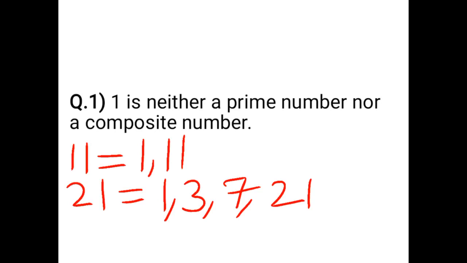Here number 21 is going in the 1 table, 3 and 7 table. Okay, so that's why it is a composite number. Composite numbers are divisible by more than 1. Prime numbers are only divisible by 1. Remember this point. So that is why 1 is neither a prime number nor a composite number.